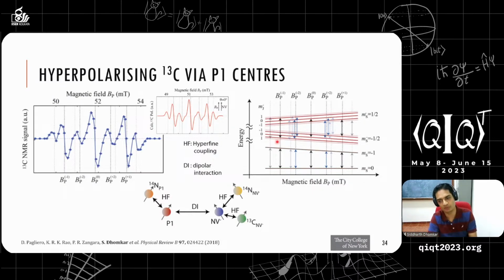It's a nice proof of principle, but think of a typical medical environment. You can't use a single crystal diamond. You cannot inject it. You want something that can be injected into a patient to generate hyperpolarized nuclear species within their body.